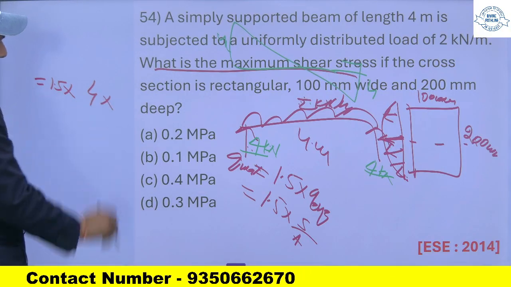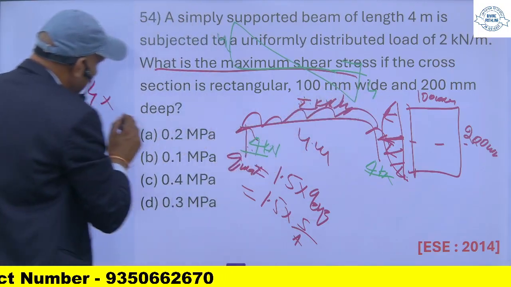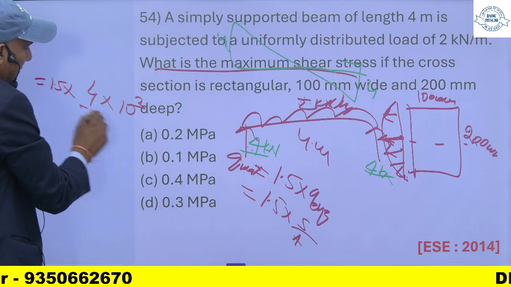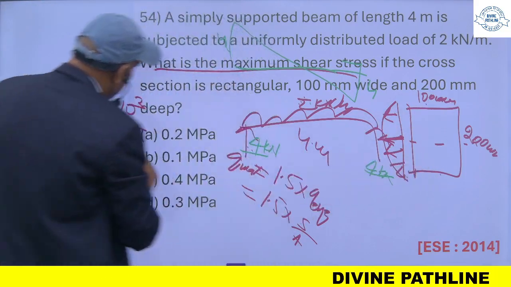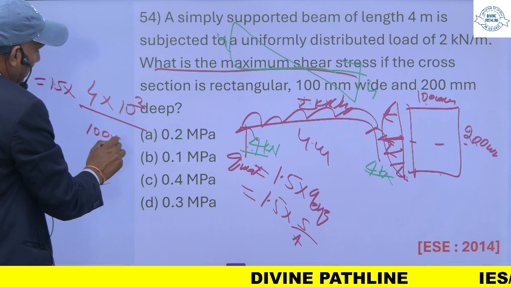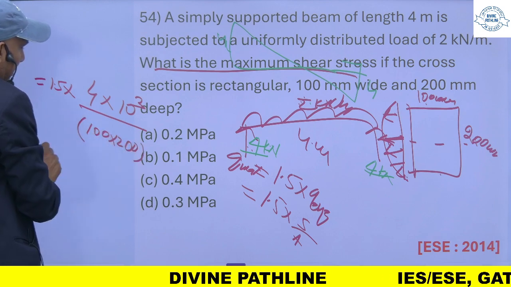So I will convert it in Newton, multiplied by this, upon cross section area. Cross section area is 100 into 200.